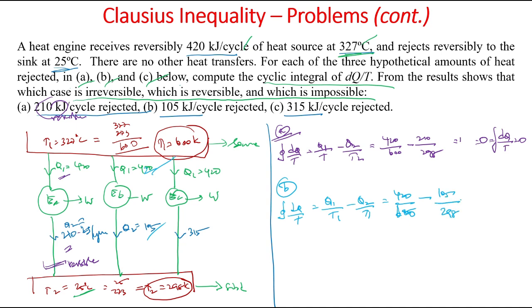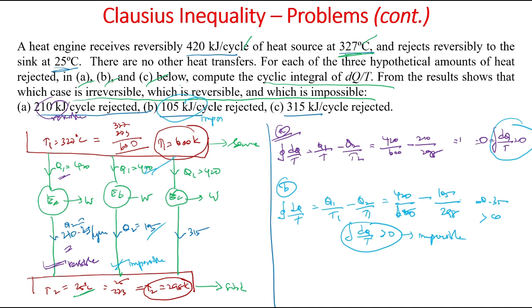We are getting a value equal to 0.35, which is greater than 0. So here the cyclic integral of dQ by T is greater than 0. This is the second case, and this is the first case. So this cycle is called an impossible cycle. The 105 kilojoule case is impossible.